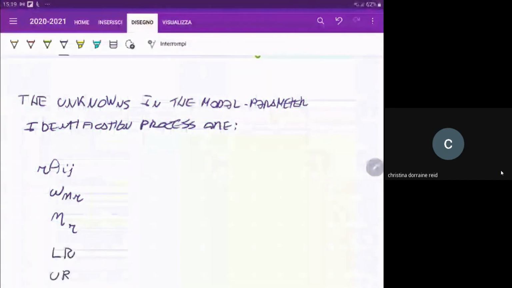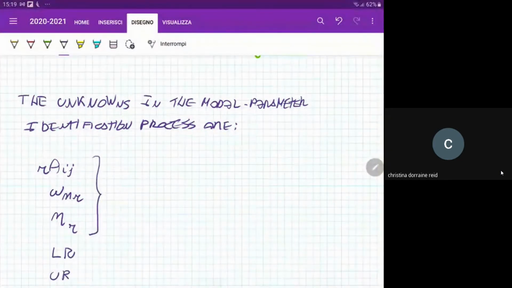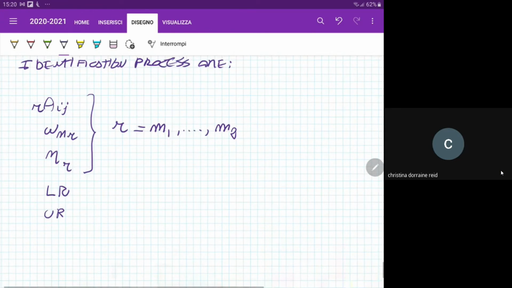Please note that all of these are for all the index R that is ranging from M1 up to M2.